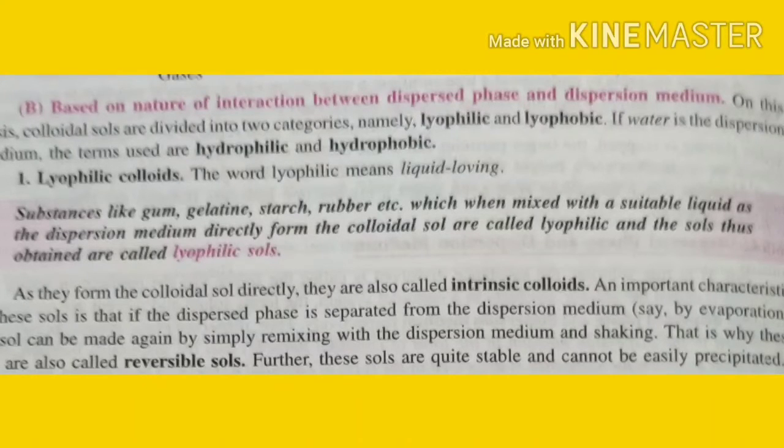So these sols are very stable because they have some attractive forces between the dispersed phase and the dispersion medium. So they are very stable, they can be easily prepared, and they are reversible in nature. So this is for the lyophilic colloids.